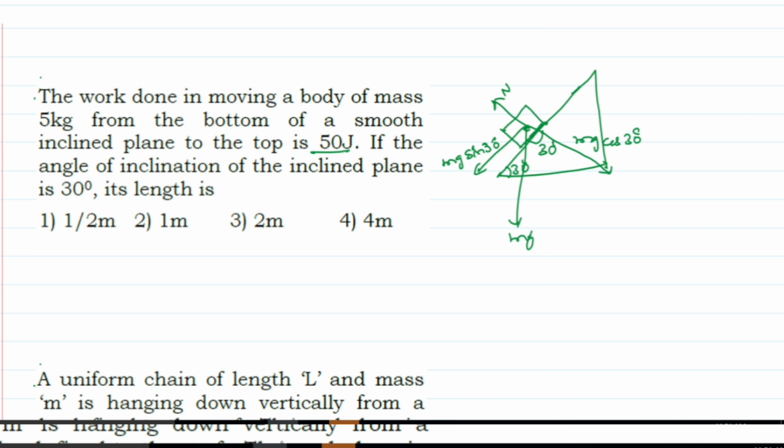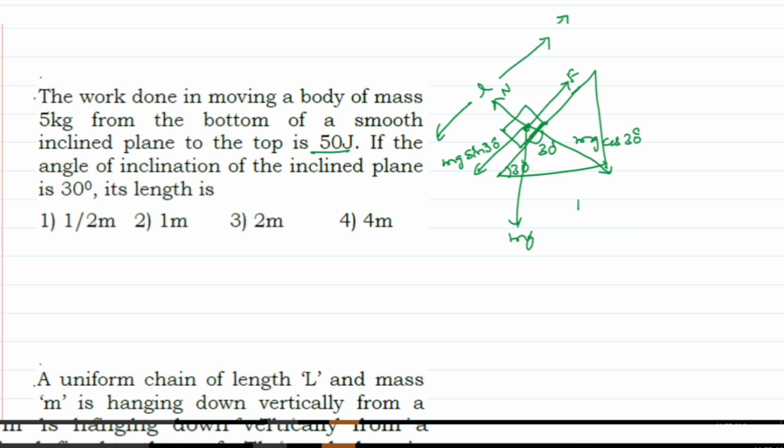So you are applying some force along this direction, and this is the length of the inclined plane. I am taking the length of the inclined plane as L. Now you just calculate the work done. Work done is already given as 50 joules, and they are asking for the length.